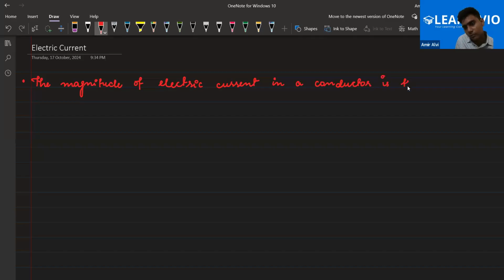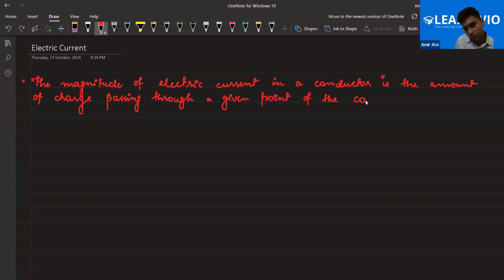Charge is the amount of charge passing through a given point of the conductor in one second.